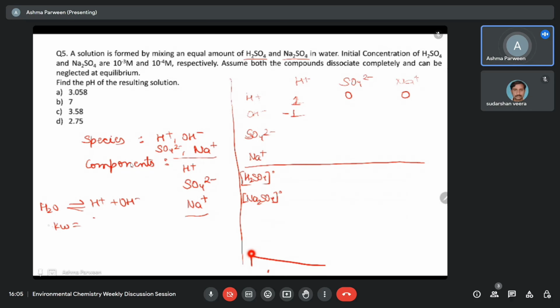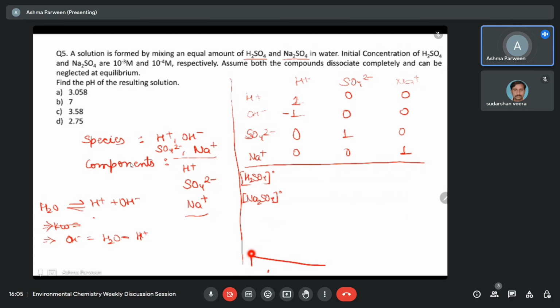From here we can write that OH minus ions is equal to H2O minus H plus. Since 1 H plus is subtracting, so we will have minus 1. There will be 0 sulfate because it is not involved in the reaction, 0 Na plus, and here again 0, 1, 0, 0, 0 and 1 sodium ion.